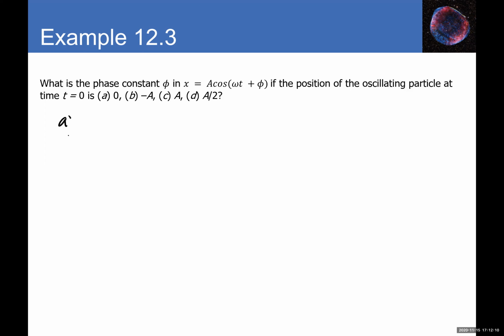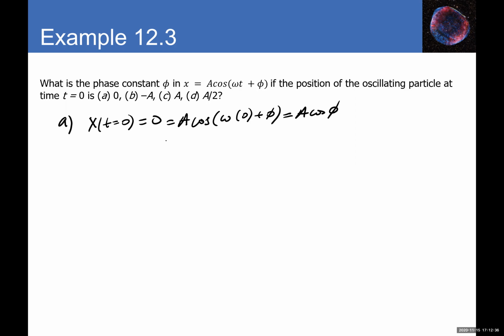So let's look at the first one, where x when t equals 0 is equal to 0. We already looked at this one, but let's look here. This is equal to A cosine of omega times 0 plus phi, and because t equals 0, it becomes A cosine phi.